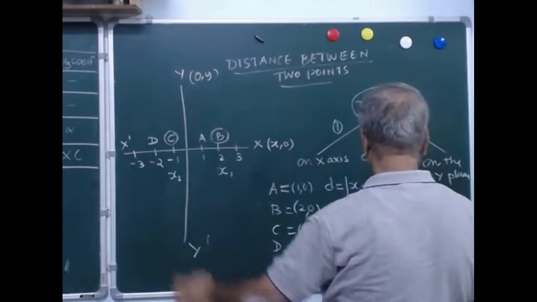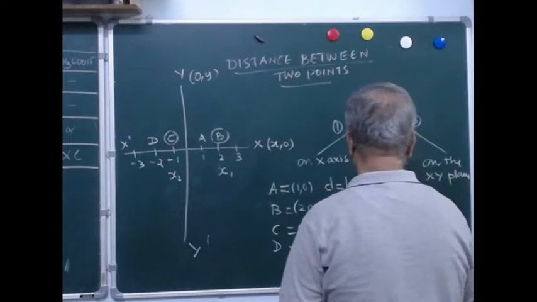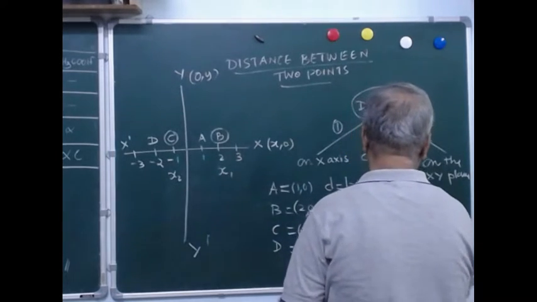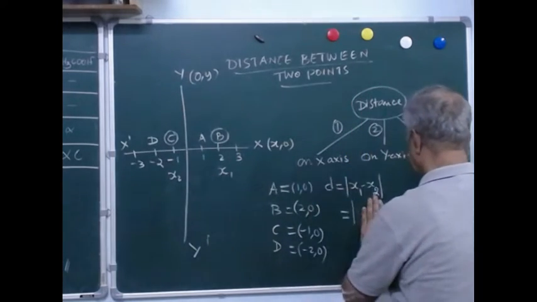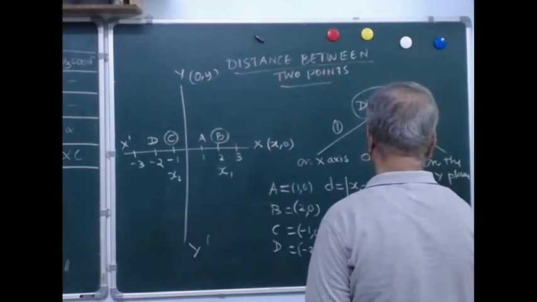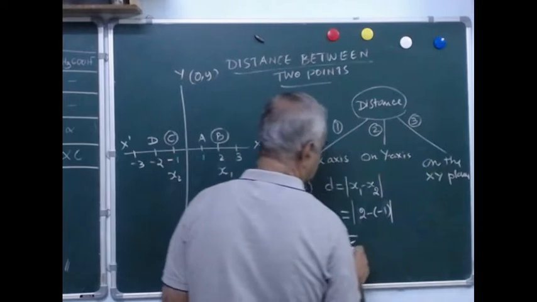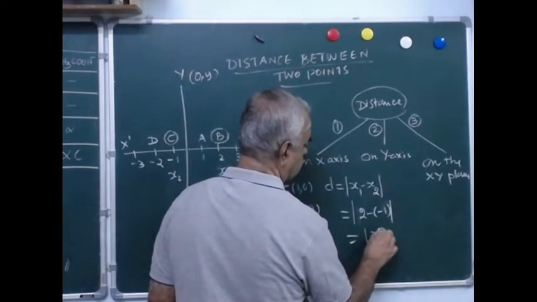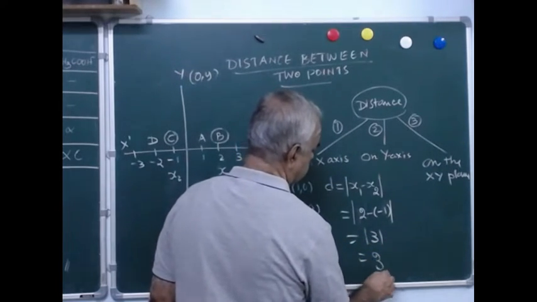So 2 minus of -1 becomes 3. So the distance is 3. Put the positive value.